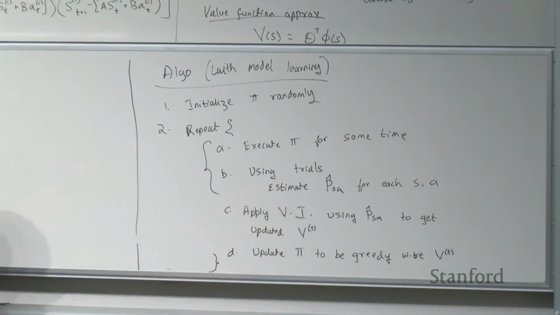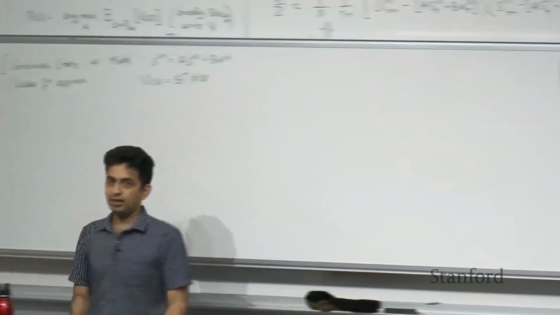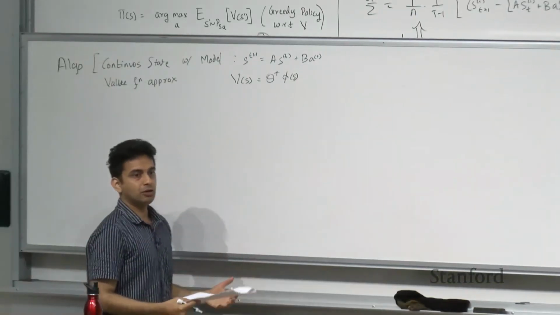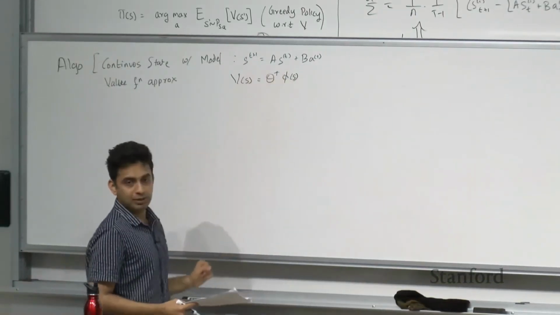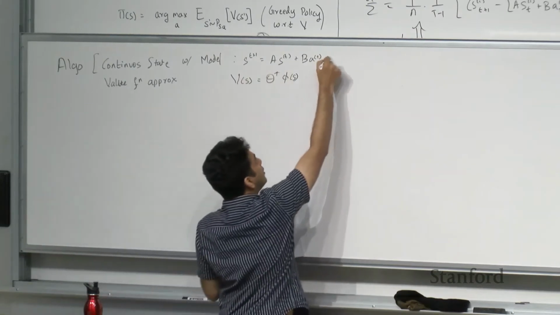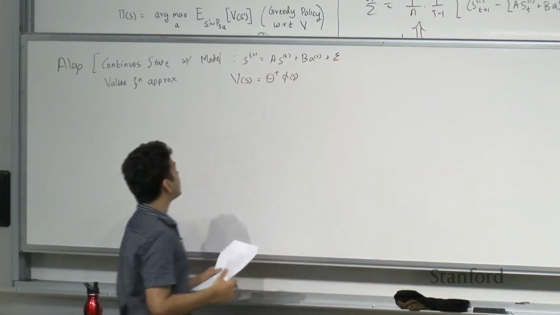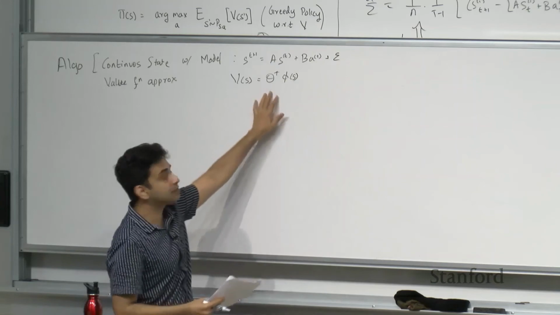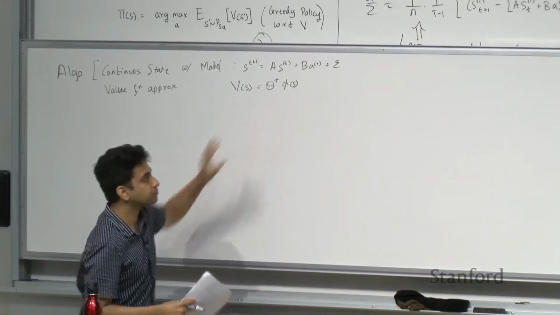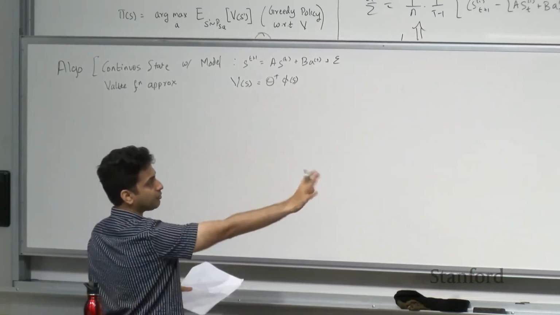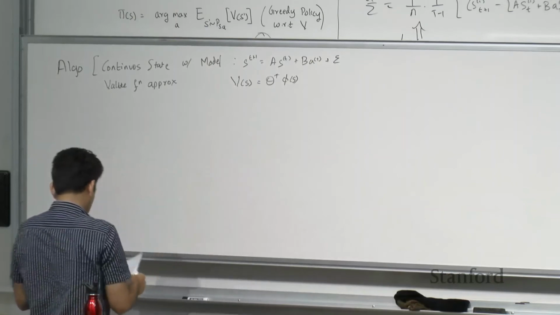However, these are parametric in the sense that the model has A and B as the parameters, or if you have epsilon, it has sigma as a parameter too, and the value function has theta as the parameter. So it's basically an adaptation of that algorithm into this setting.